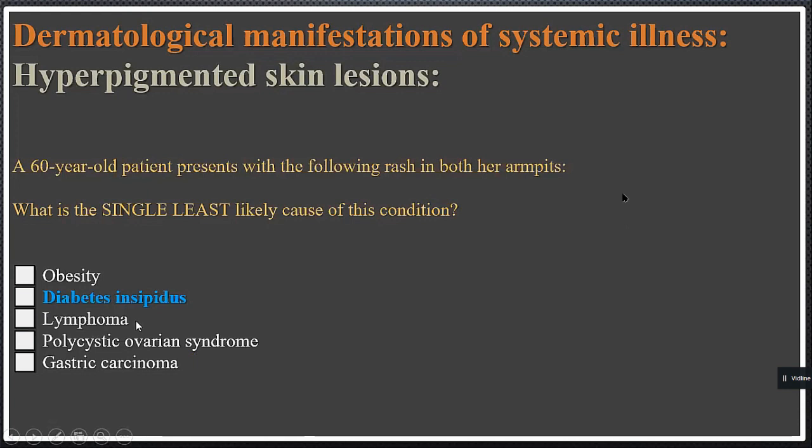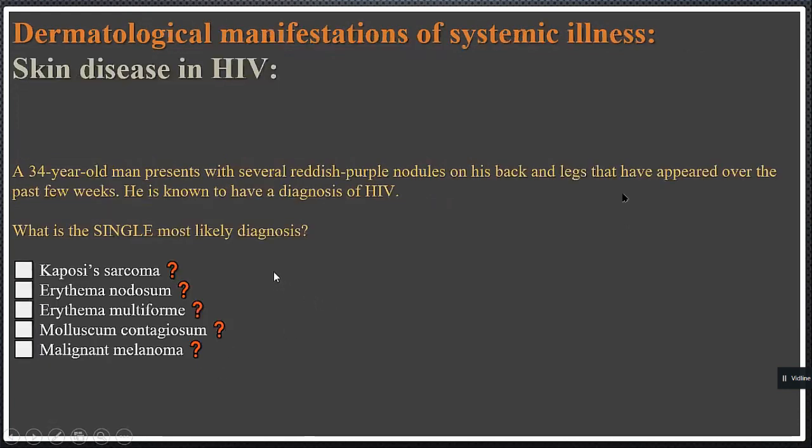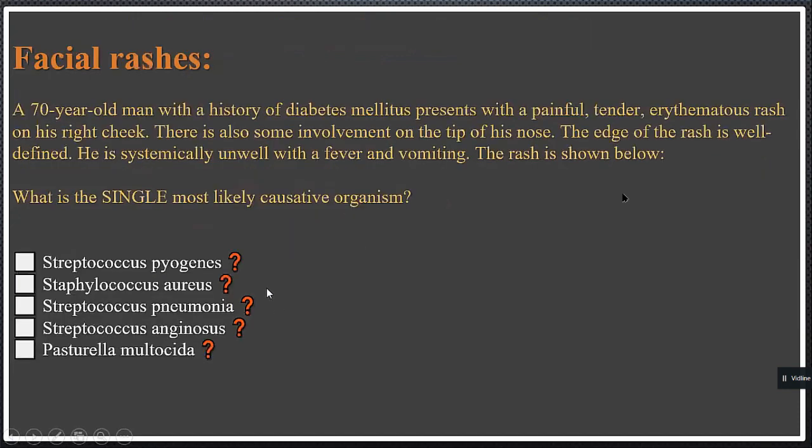You can find it in obesity, lymphoma, polycystic ovarian syndrome, gastric carcinoma. Okay, Kaposi sarcoma, A, because the patient has HIV, so it's confirming.